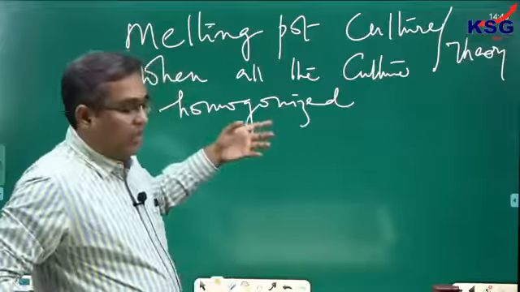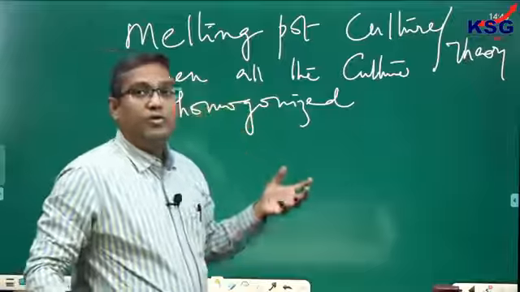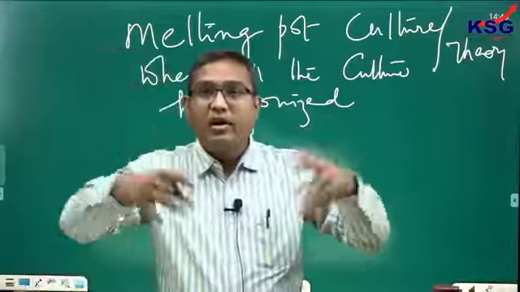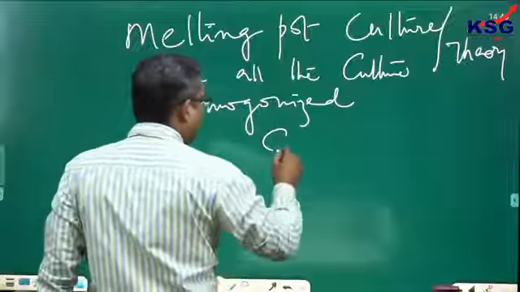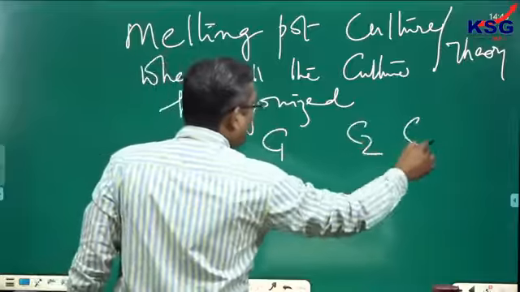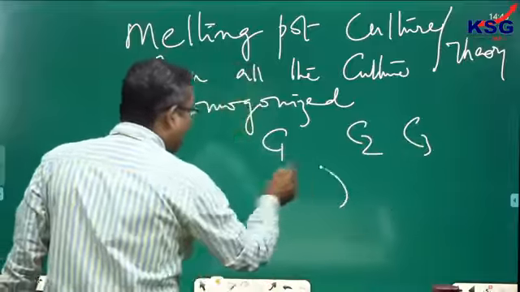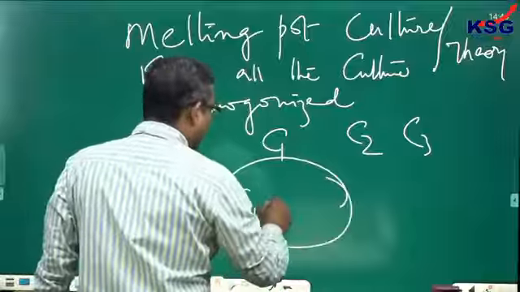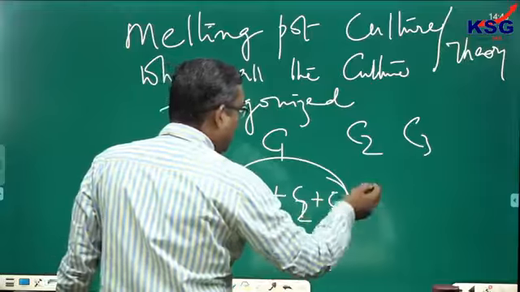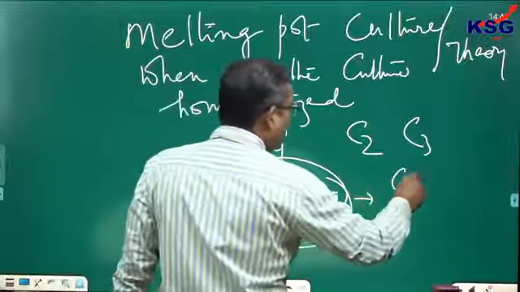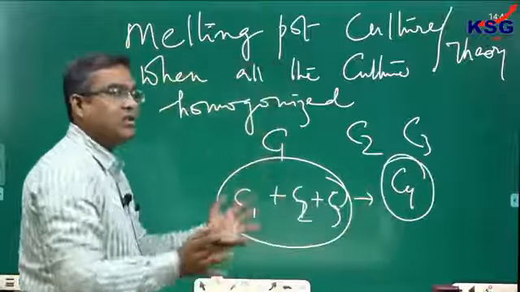It is this melting pot theory where you are creating all the different cultures. Let me explain you like this. Let us say culture C1, culture C2, culture C3. So all these cultures come together, C1 plus C2 plus C3, and it gets homogenized and it comes into one homogenized culture, that is C4.